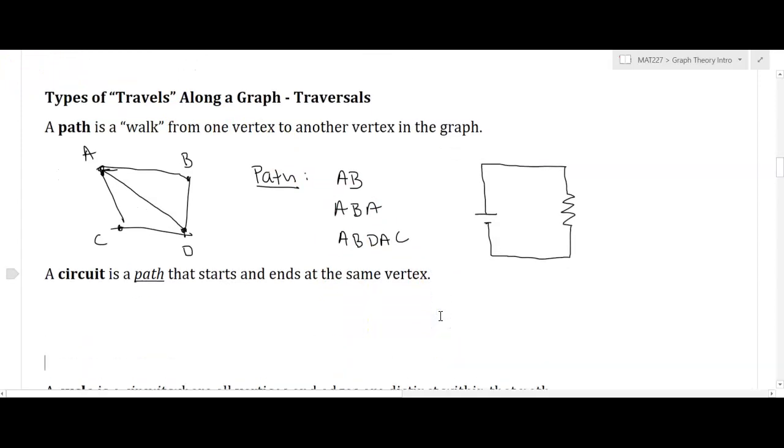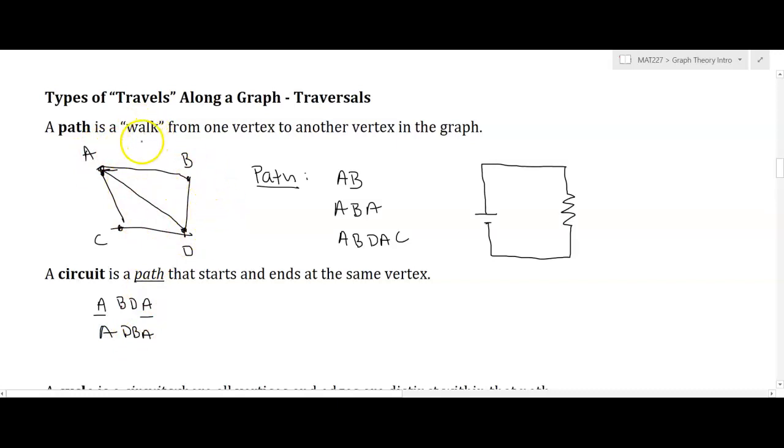So we have to get more specific with circuits for this network up here. For example, if we started at A, one possible circuit would be A, B, D, A. Notice that our first and last vertices are the same. We could do A, B, A, D, B, A. So we can traverse this graph.